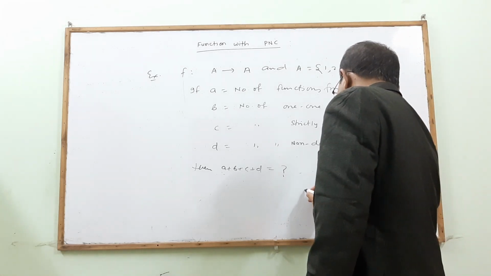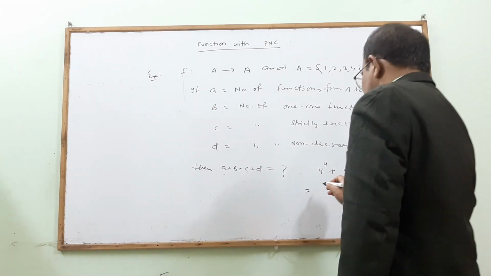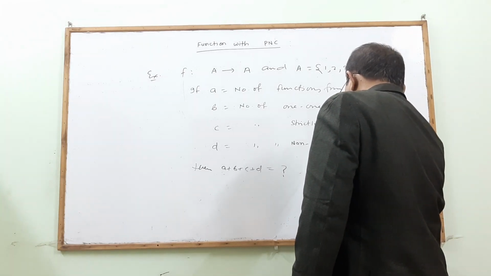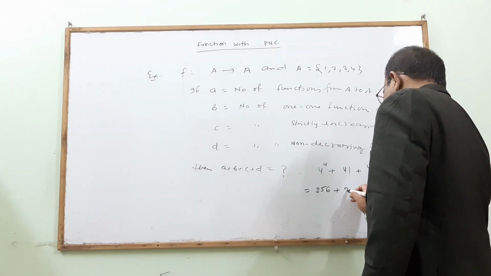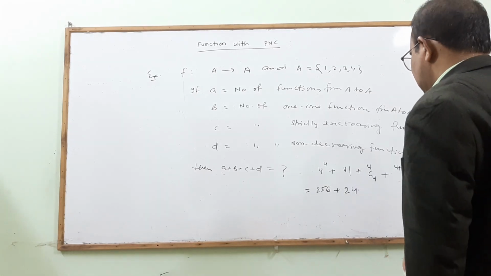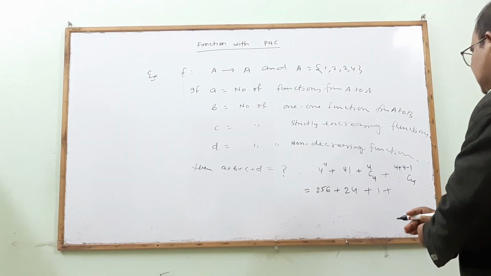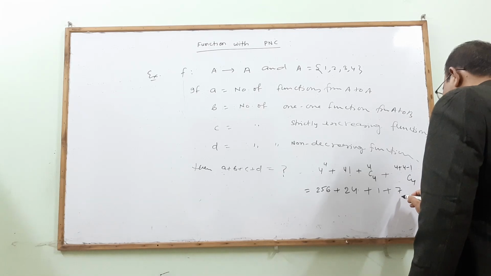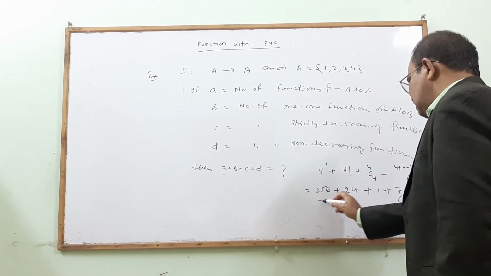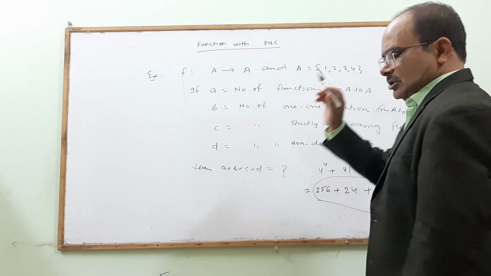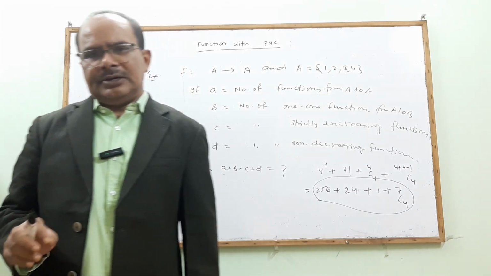Means this is 256 and this is 24 and this is 1 and this is 7C4. Now it is very easy to calculate it. You can calculate it.